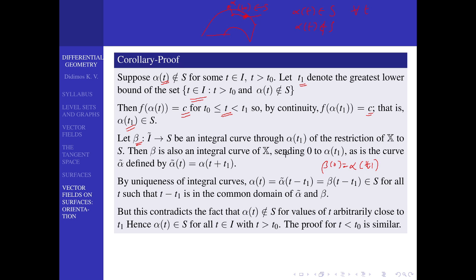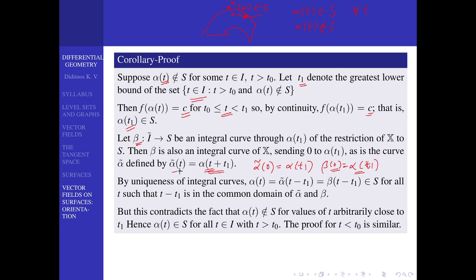Now we define a new curve alpha tilde of t as alpha of t plus t naught. We can say that this is alpha of t1. When you consider beta, this beta is the maximal integral curve at alpha of t1. When you consider this curve, then alpha tilde of 0 is again alpha of t1.